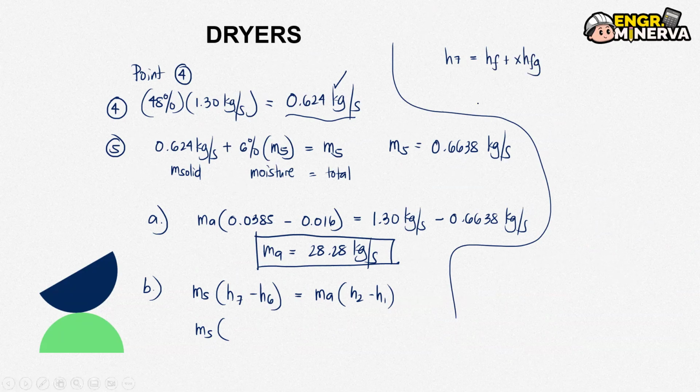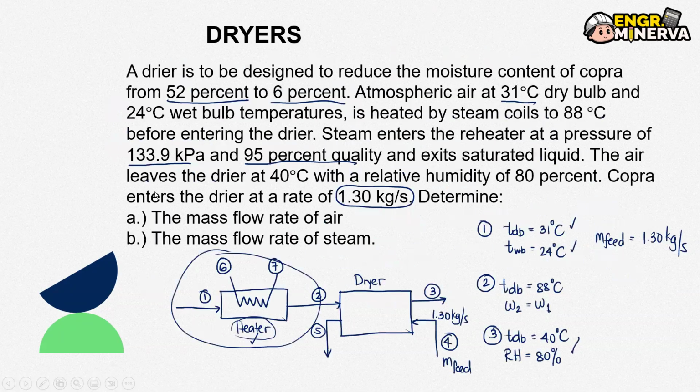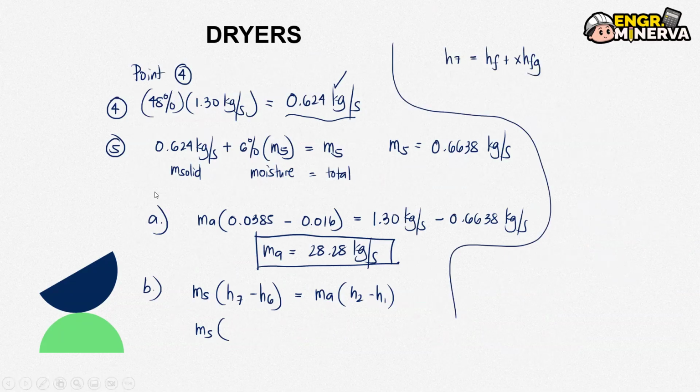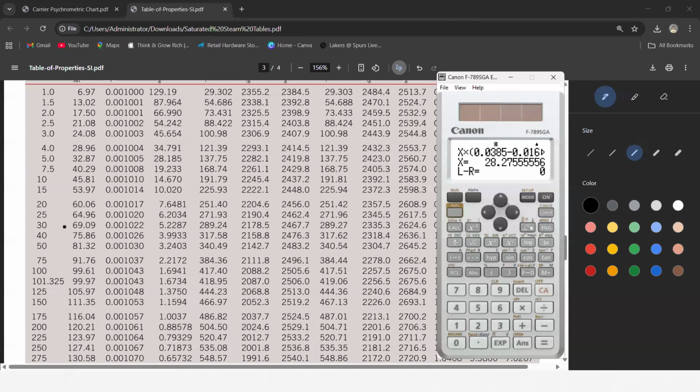So we need to get HF at 133.9 kPa. Where is 133.9? There is none.